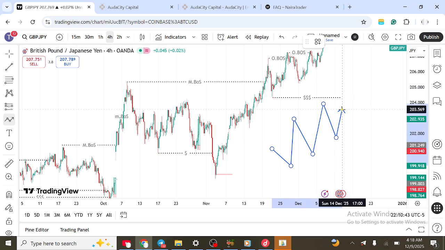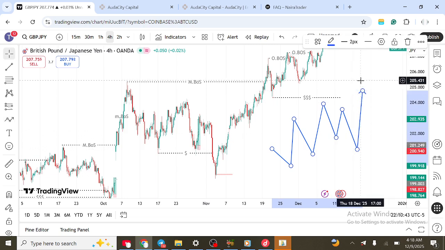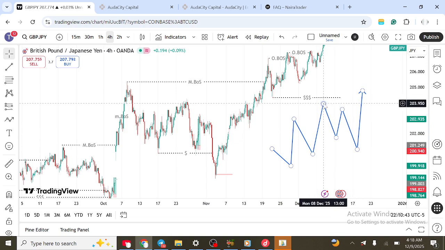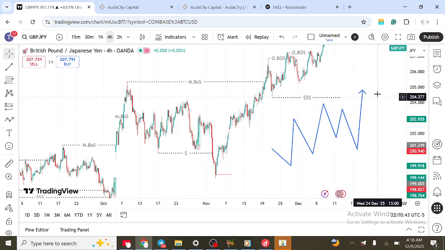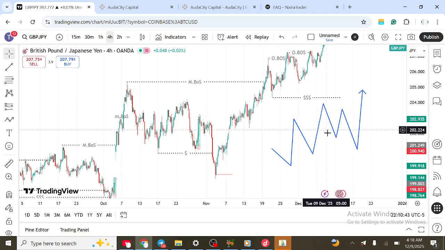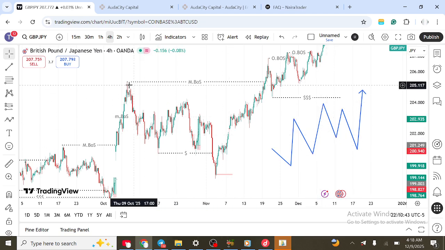Now when the market does this, we are expecting that this is going to be broken, but instead it's going to come down and take out this low. When it takes out this low, then it's going to come up to take out the high. So this here is the type B liquidity. Okay, so that is what is happening here.